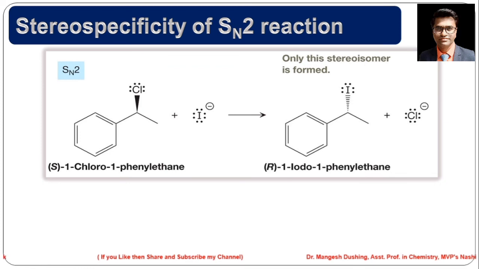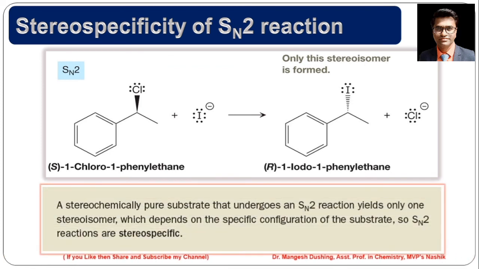That's why SN2 reactions are stereospecific reactions. A stereochemically pure substrate that undergoes an SN2 reaction yields only one stereoisomer, which depends on the specific configuration of the substrate. So SN2 reactions are stereospecific reactions.